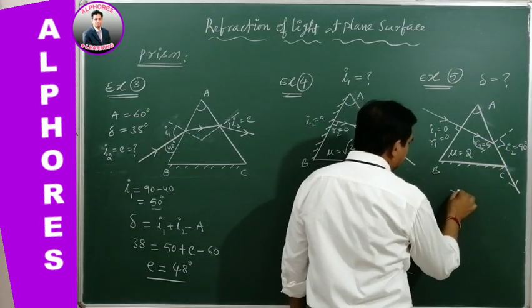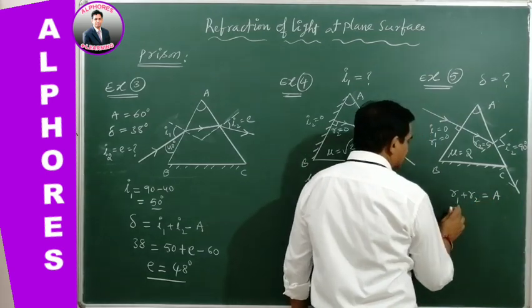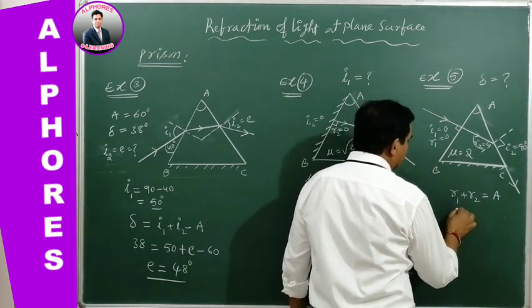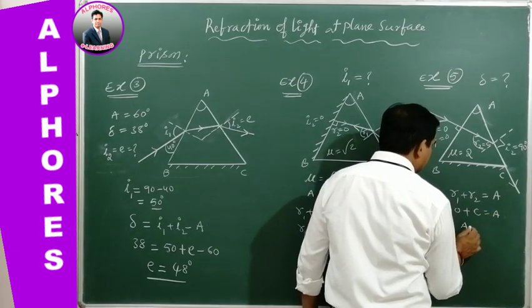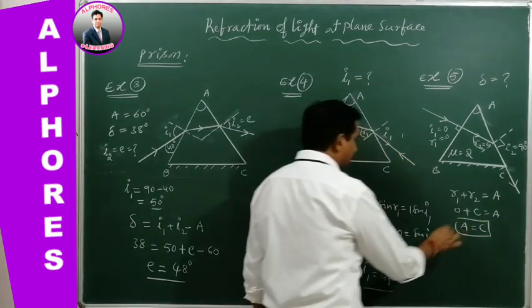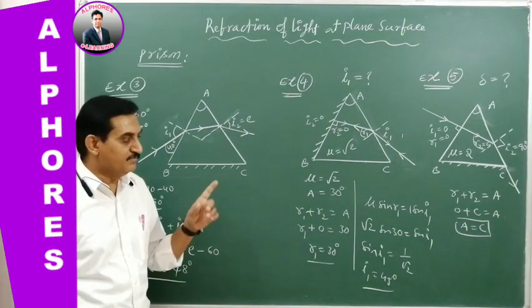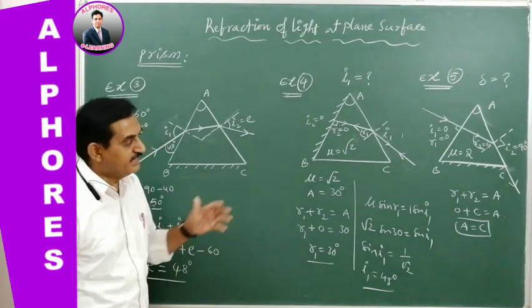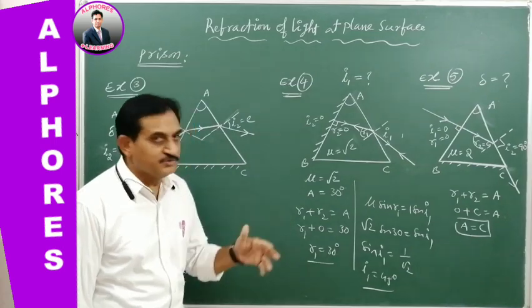Again using R1 plus R2 equals angle A, R1 is 0, so R2 = C is equal to A. So A is equal to C is the condition. This means the angle of the prism is nothing but the critical angle of this material medium when the ray is traveling from glass or prism into air medium.